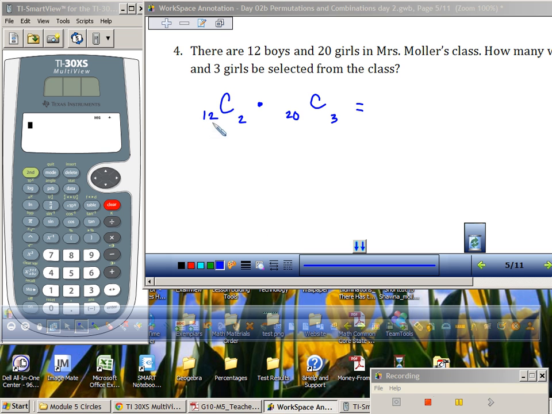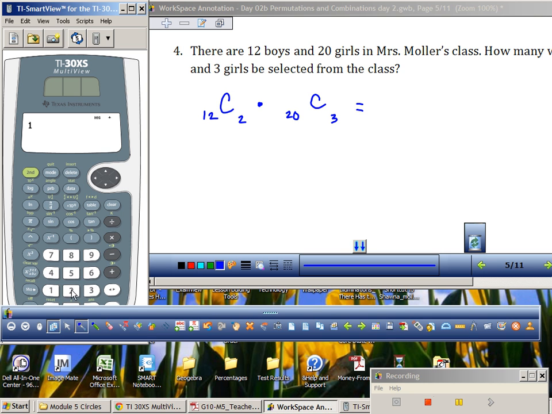Alright, I'm going to put 12 choose 2, or 12 combination 2, into a calculator. So here's 12. I'm going to hit the probability button right here, and your calculator could say a couple different things. It could have numbers next to it, or you may have to go over on the arrow.